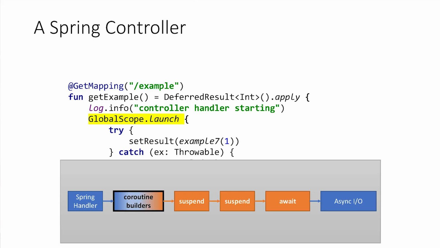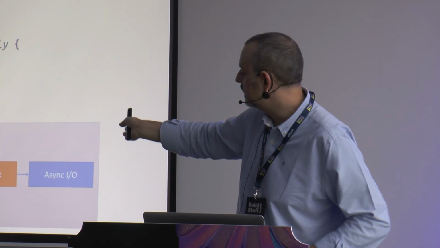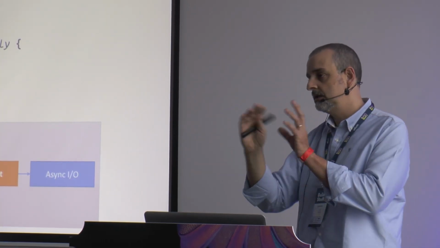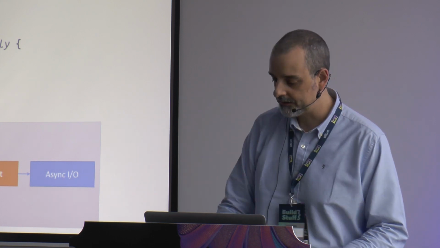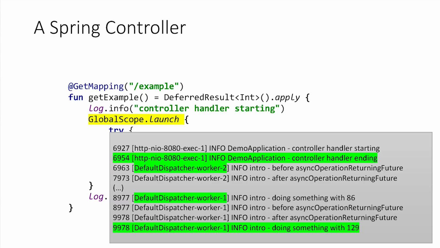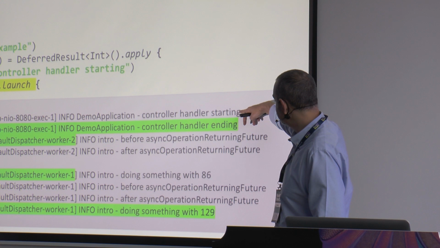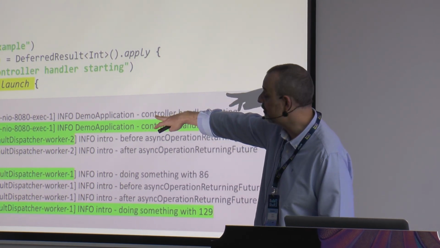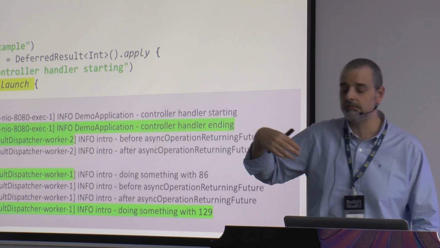Again, I have async I/O on one edge, I have the await, I have the suspend in the middle. On the other edge, I have a Spring handler, and I use a coroutine to adapt between those. And if I run it, I can see that the controller handler started and ended immediately on that HTTP NIO thread, which is a thread from the server.